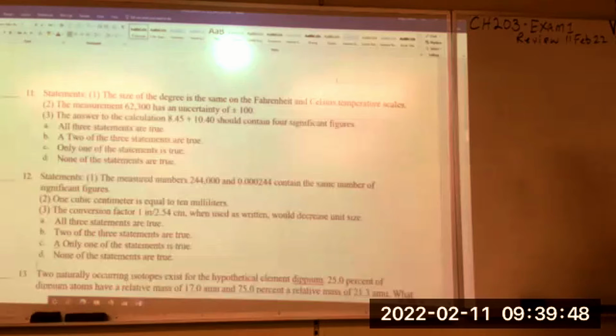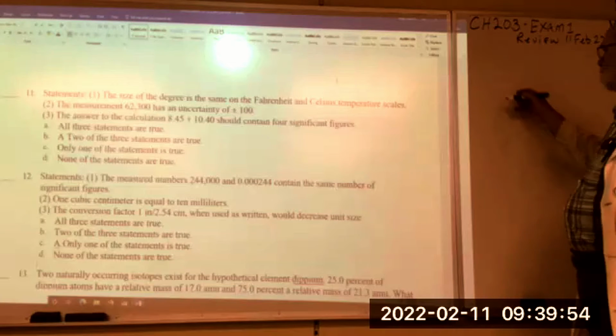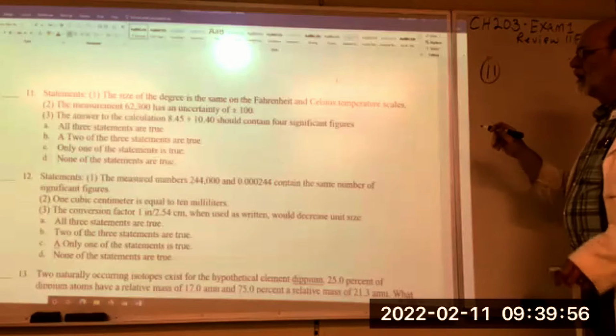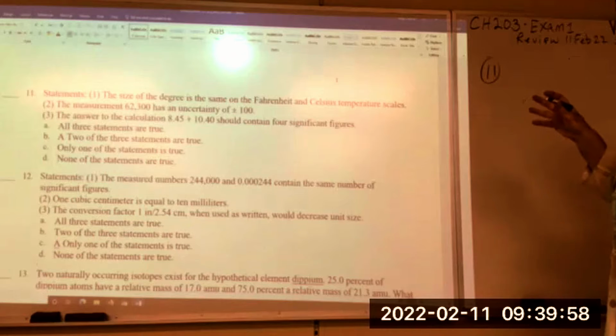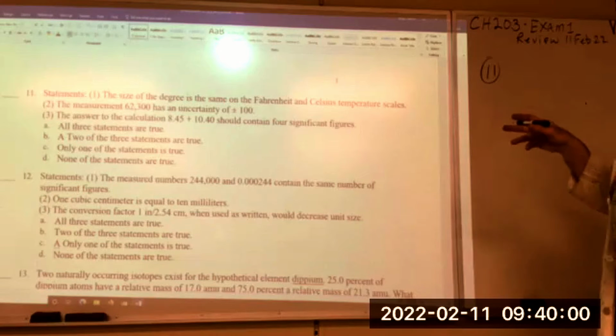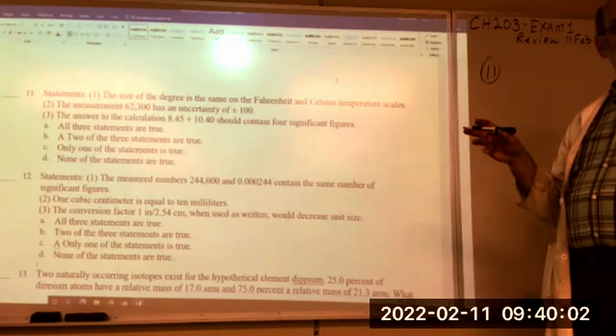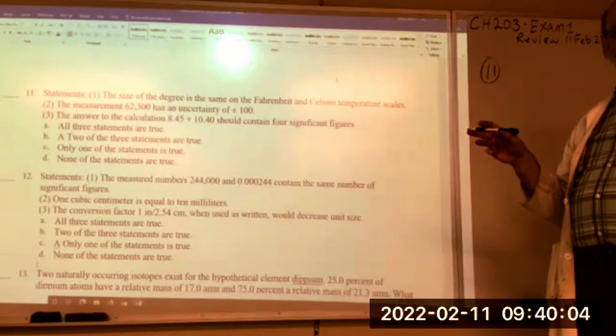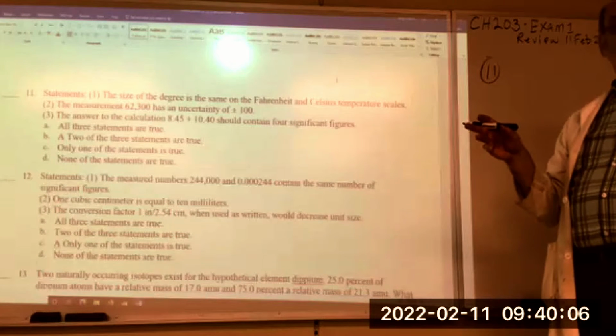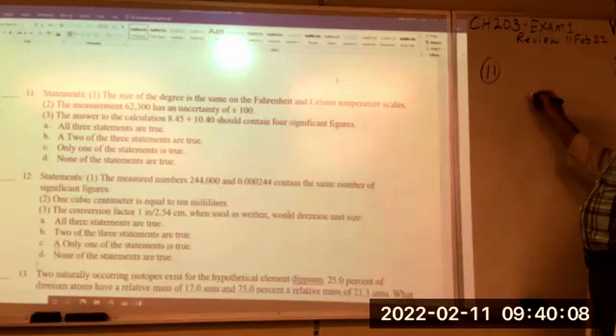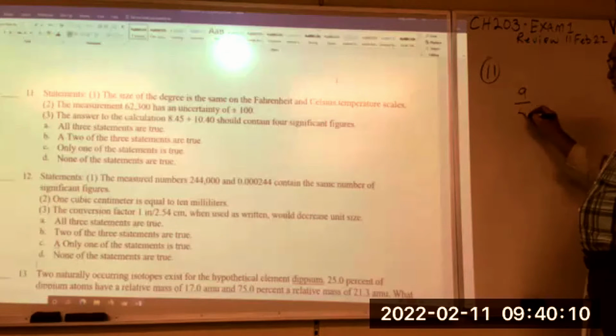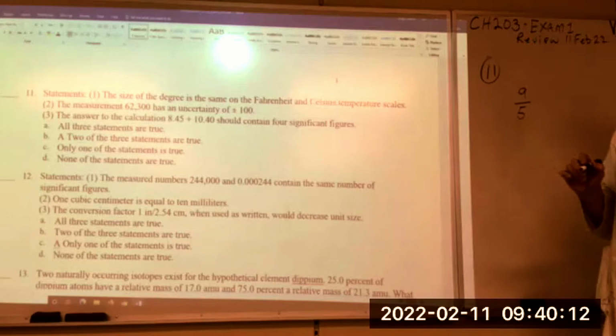Oh, we got a bunch of these guys. Okay. The size of the degree is the same on Fahrenheit and Celsius temperature scale. Now, they're different sizes. What's the ratio of the sizes? 9/5.